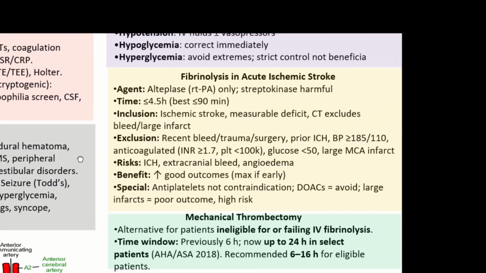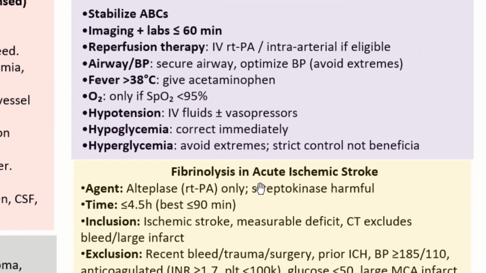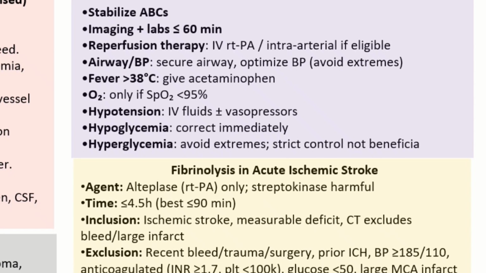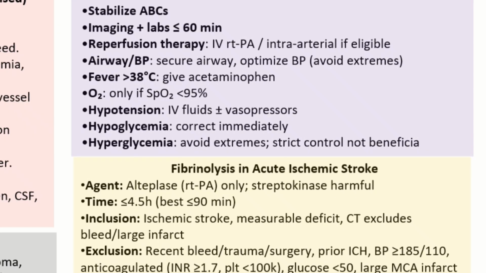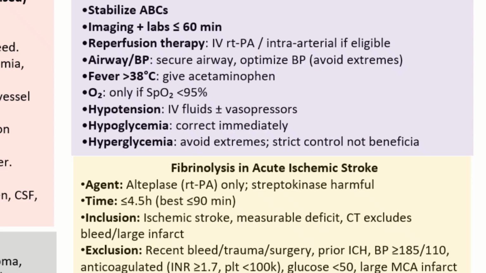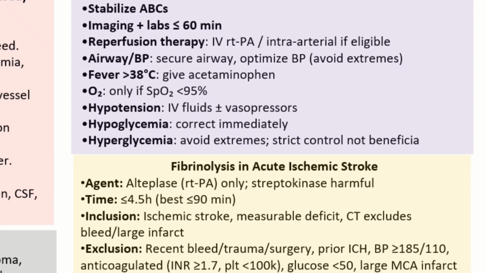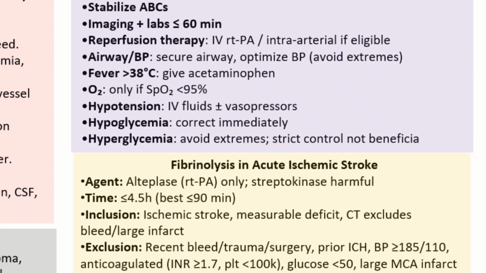So when it comes to the management, you want to stabilize the patient, you want to do the ABCs, that is the airway, breathing, and circulation. You want to do the imaging and labs within less than 60 minutes, so that you can consider reperfusion therapy. And we have the IV recombinant tissue plasminogen activator, that is rtPA, which can be both intravenous or intra-arterial.